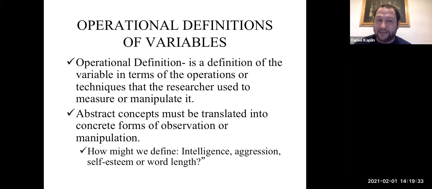That's very easy. But there are other concepts that are a little more abstract and can be a little more challenging to define. Things like intelligence. How would you define intelligence? Well, the most concrete way to define intelligence is your performance on an intelligence test.